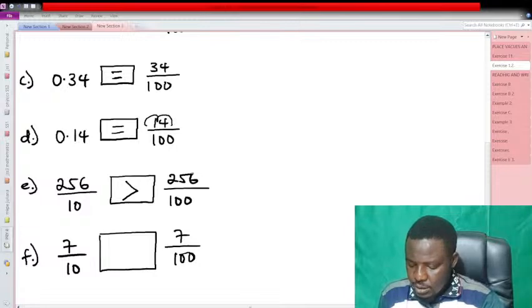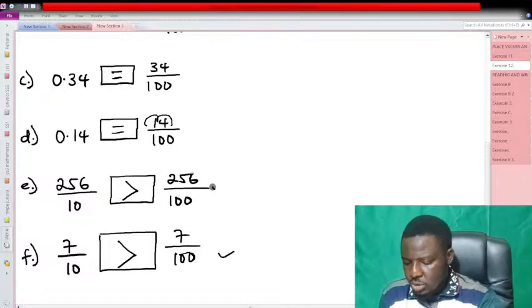That's for E. What did you give as your answer? E. Okay, you got E. And then F. Tenth is greater than 100. So this is greater. I think you got this right. You got this right.